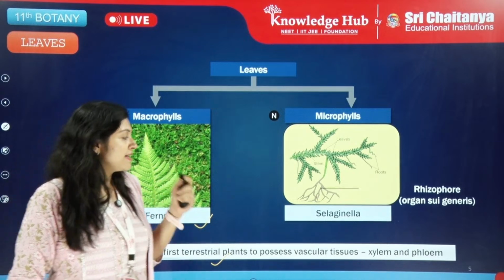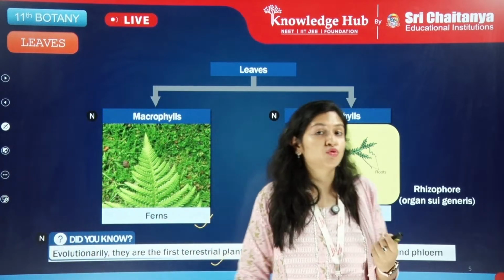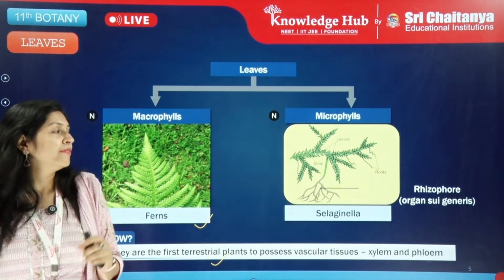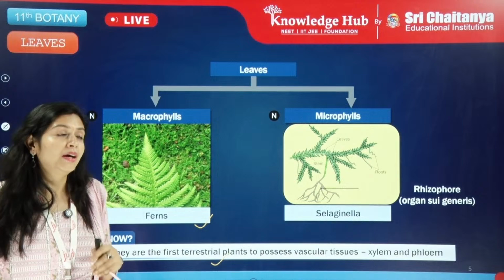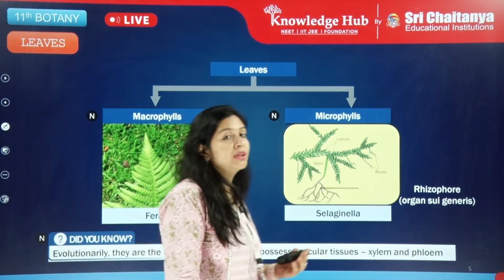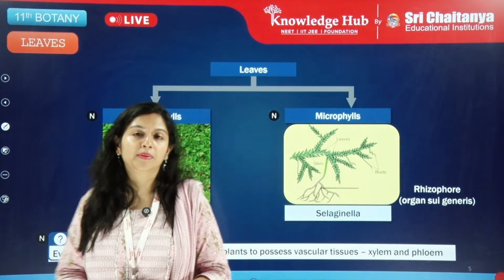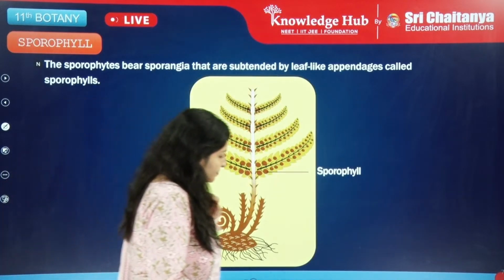What are those vascular tissue systems? They are the xylem and phloem. We did not observe xylem and phloem while we were talking about the bryophytes, but here it is present, right? Okay, let's see the next type.